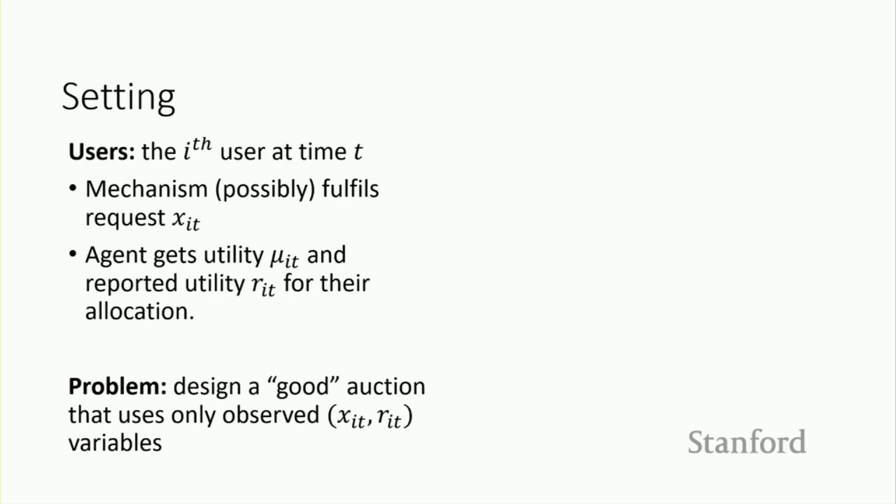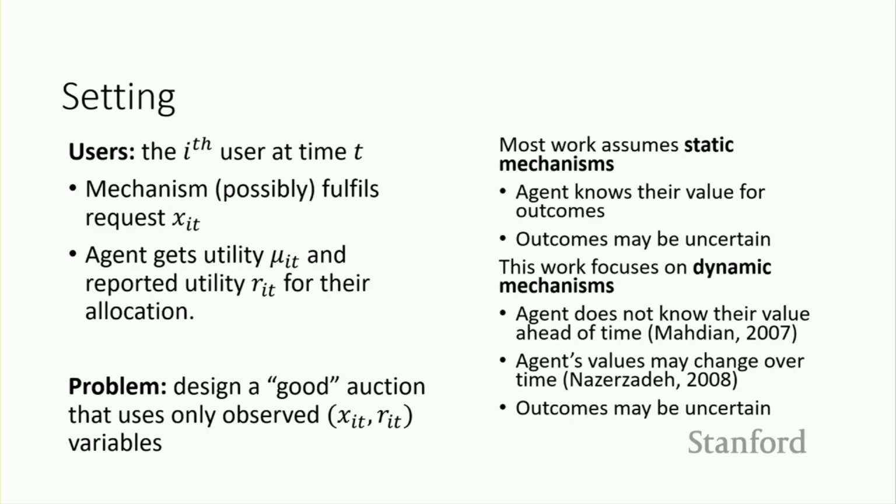We want to design an auction so that, given only observations of requests and reported utilities, good here we'll define as utility maximizing and incentive compatible. So from an individual and revenue utility point of view, we maximize globally, as mentioned before, and from an individual stakeholder point of view, they should actually state their true value as opposed to trying to lie.